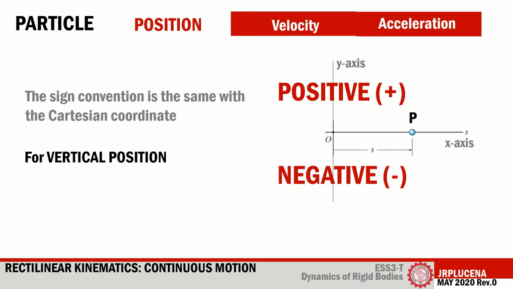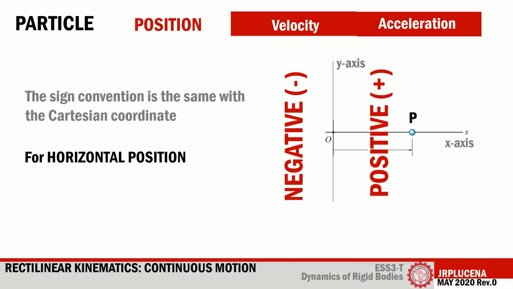And if the particle's vertical position is below the x-axis, the position is negative. Likewise, for the horizontal position of a particle, if it is on the right of the y-axis, the position of the particle has a positive sign. And if it is on the left of the y-axis, it has a negative sign.